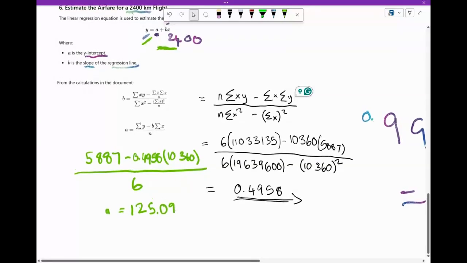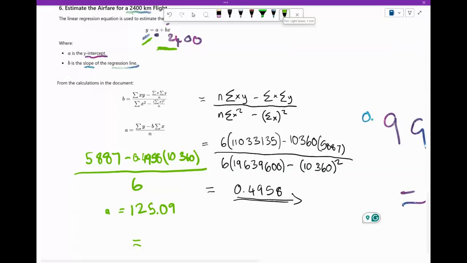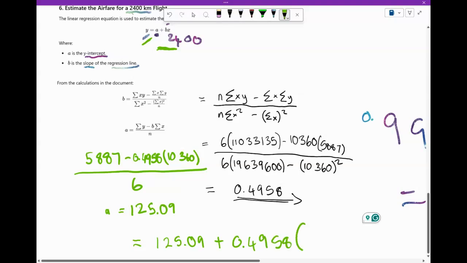So we simply say, okay, y, when we have a distance of 2,400 kilometers to fly, is then going to be 125.09 plus the gradient, we know it to be 0.4958 times 2,400.